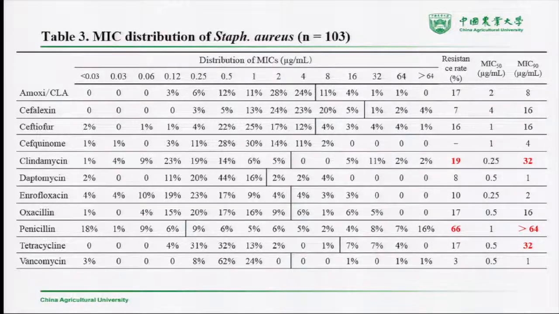First, for the Staphylococcus aureus. Among these 11 antibiotics, resistance to penicillin, 60%, was the most common, followed by clindamycin, about 20%. For the MIC value, the highest is also penicillin, more than 64 microgram per milliliter, followed by clindamycin and tetracycline.